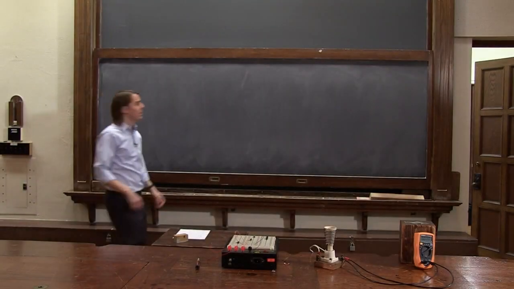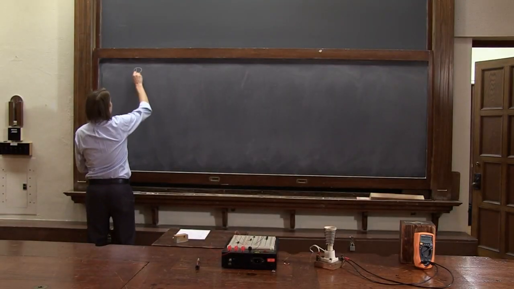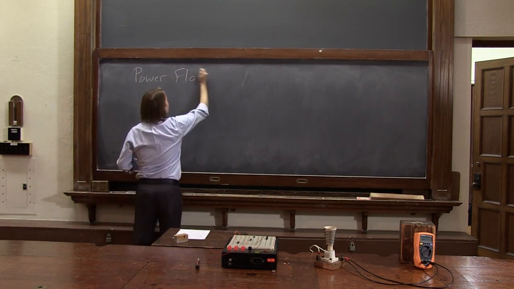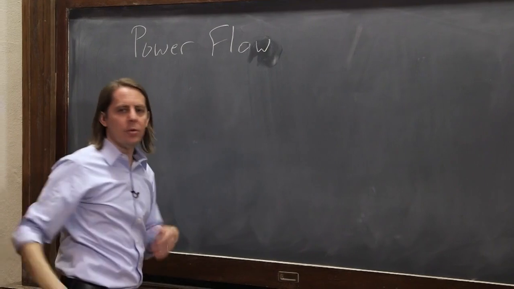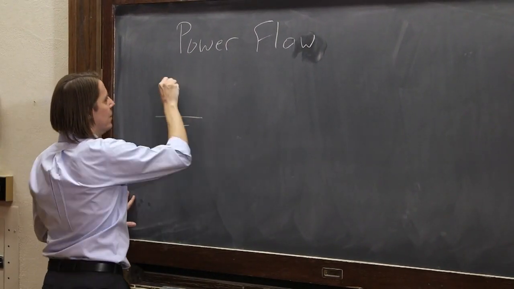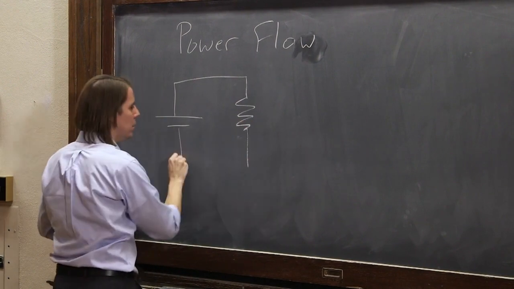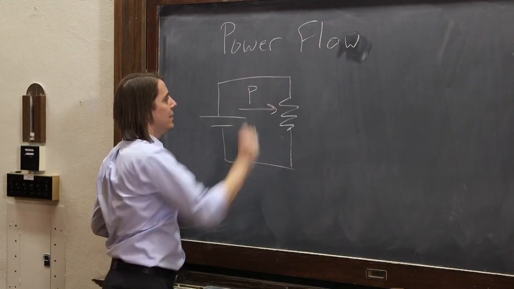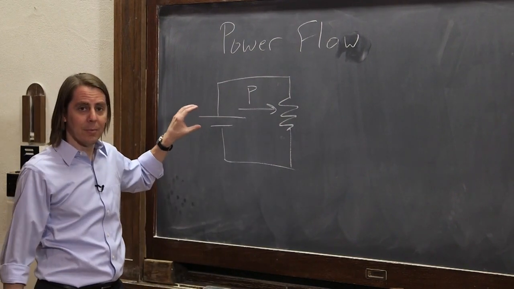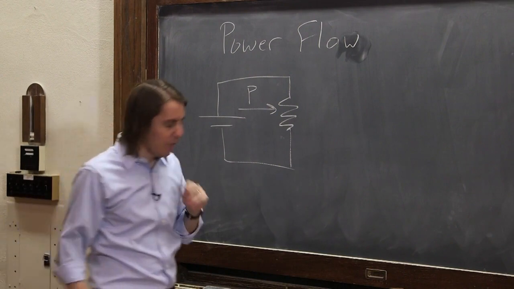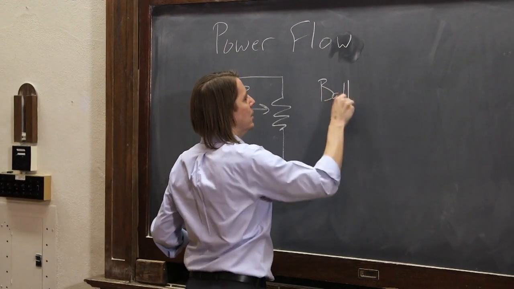Our final topic for this little circuit we've made is power flow. Circuits really just have electrical energy flowing through them. If we draw this circuit again, one way you could draw what's actually happening is that power is flowing from the battery out through the resistor. So let's think a little bit about what each element is doing.